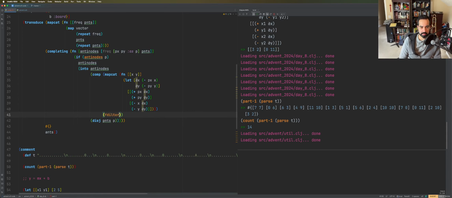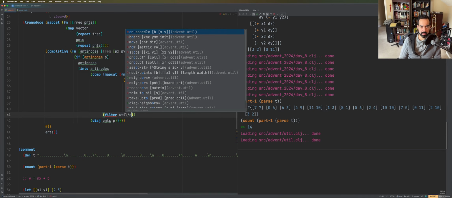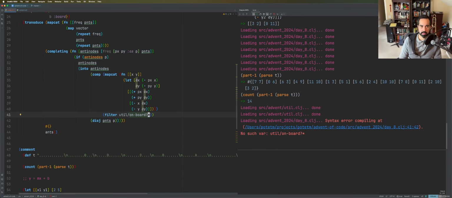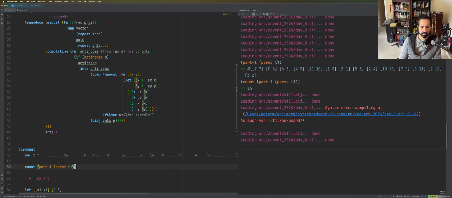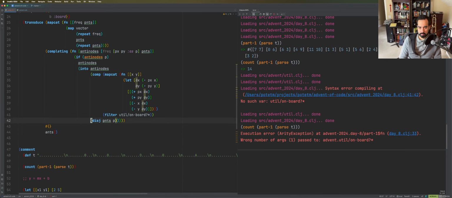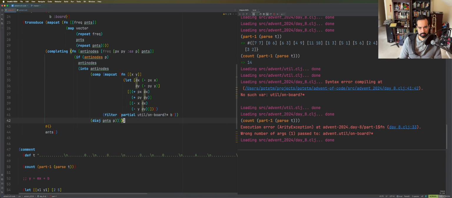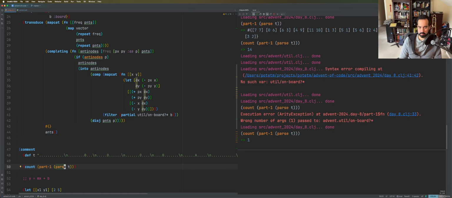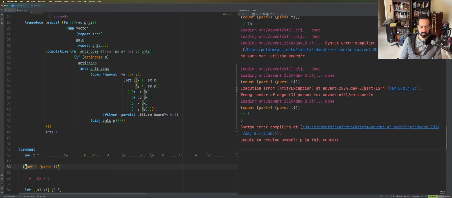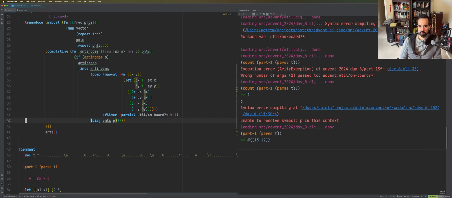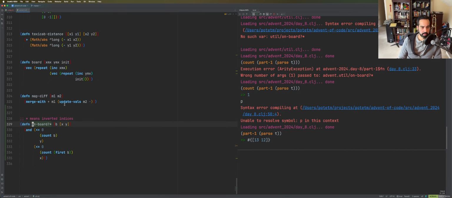So then we want to filter on board, or util on board. Partial. That did not work at all. Huh. Why didn't it work? Oh.